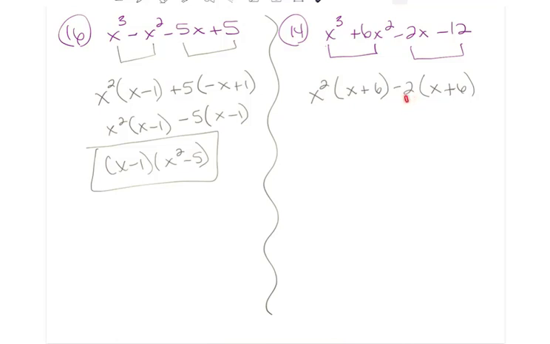So -2 times a +6 is going to get me -6, right? And then x squared minus 2 and x plus 6. And if I looked at this quadratic, it's not a perfect square, so I can't factor it any farther, so I'm good to go.